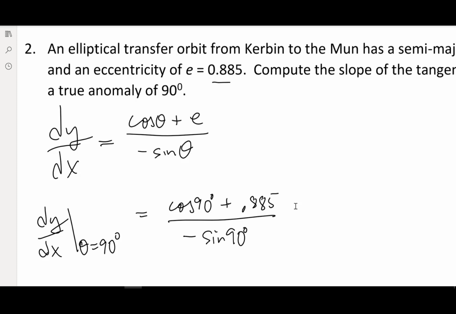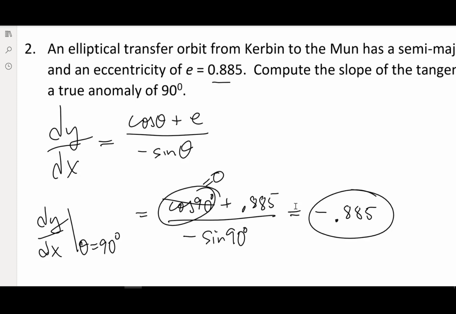Well, let's see, cosine of 90, that's equal to 0, so that crosses out. Sine of 90, that's equal to 1, so we get negative 1. So this simplifies to negative 0.885. That would be the slope at a true anomaly of 90.